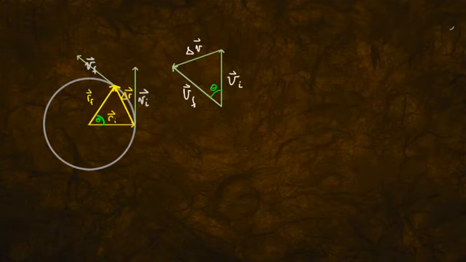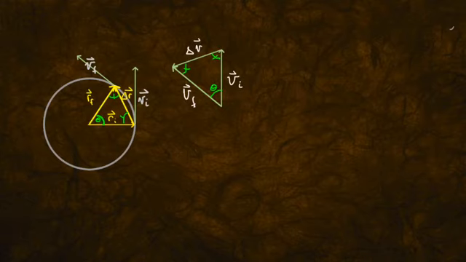Now, these triangles are isosceles, which means that these two angles are equal, and those two angles are equal, right? Then what can you tell me about these two triangles? They're similar triangles, right? Okay, so with that in mind, we're going to do this.